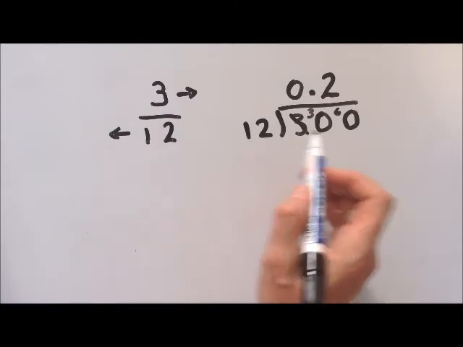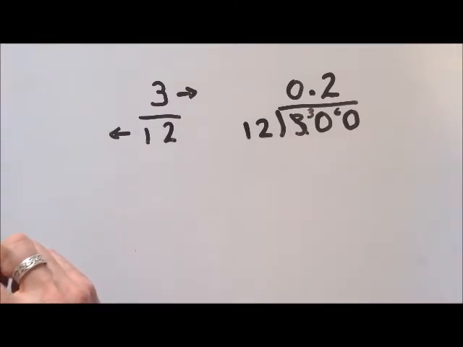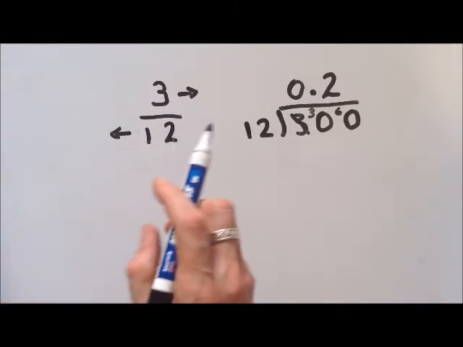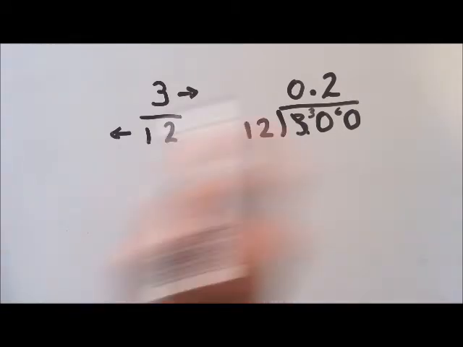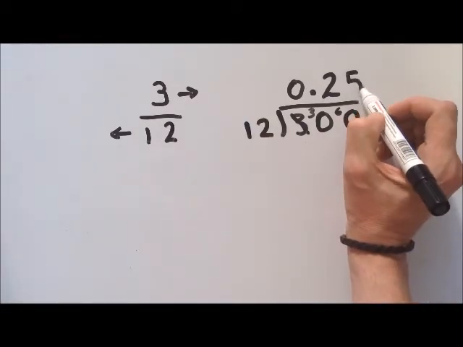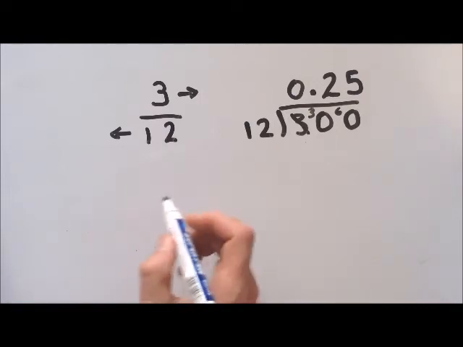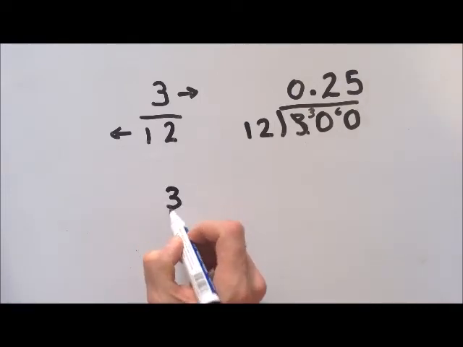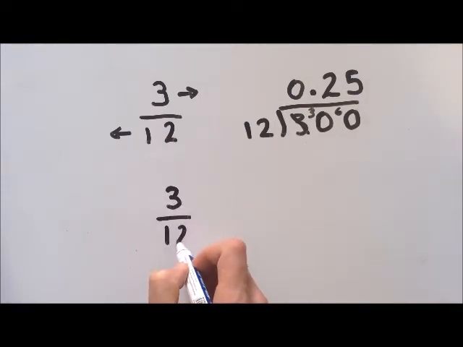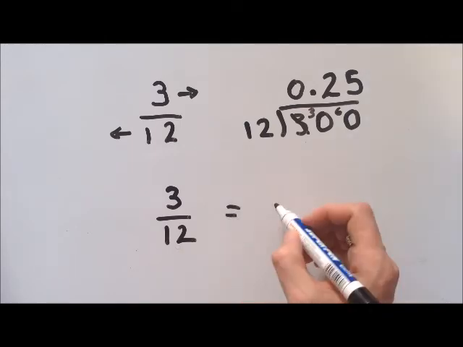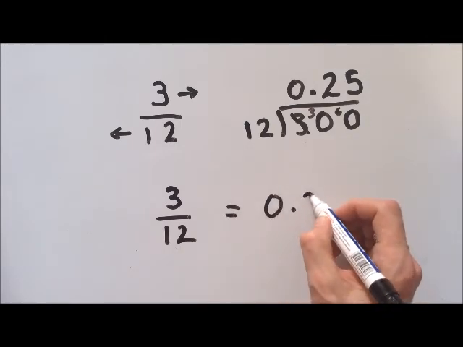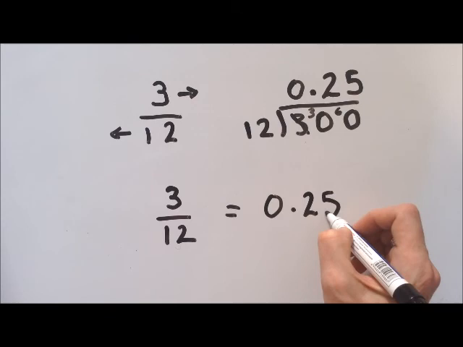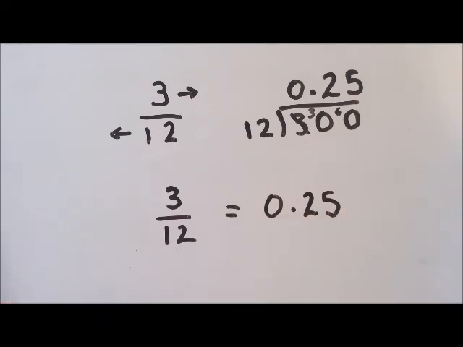How many 12s can we get out of 60? Well, you know 5 times 12 equals 60. So we put our 5 here. So the answer to this, 3/12, is equal to 0.25.